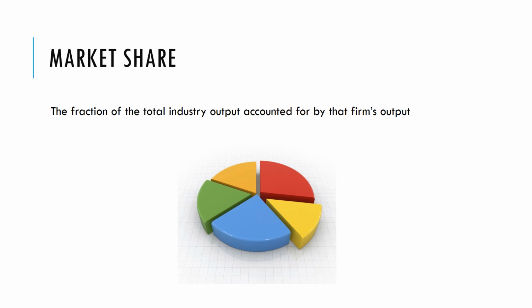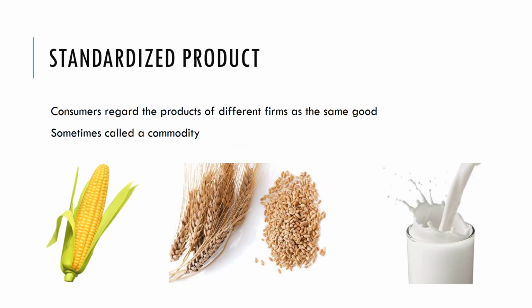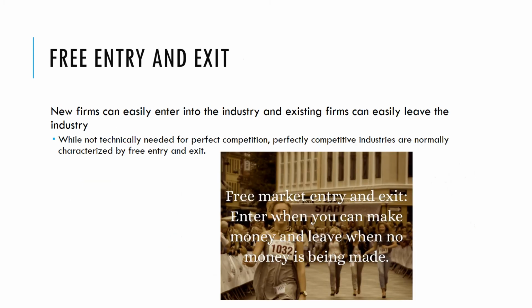Additionally, we have a standardized product, meaning consumers regard the products from different firms as the same good. They don't care who produced that corn or wheat or milk. Sometimes we call this a commodity, because we don't have brand names for this. We view them all as the same. Corn is corn, wheat is wheat.